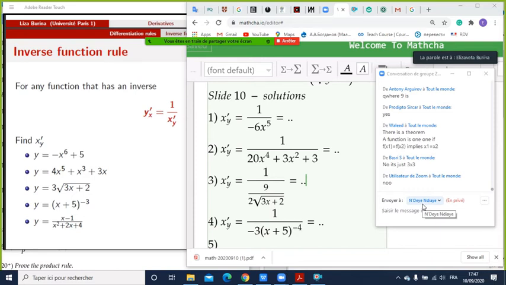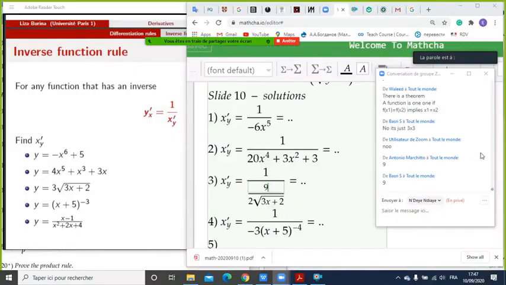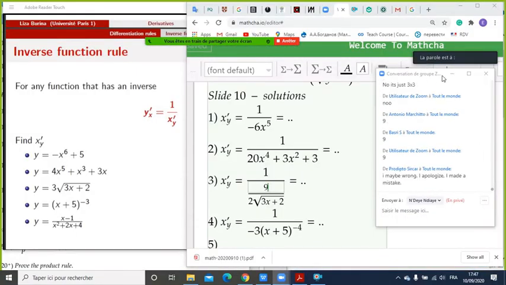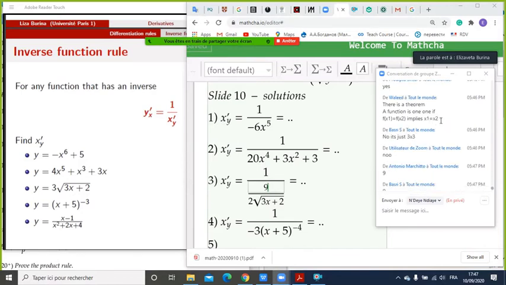So is it 9 or 9x? Type it here. 9. Okay, it's okay. So the main thing is that the majority is sure that it's 9.